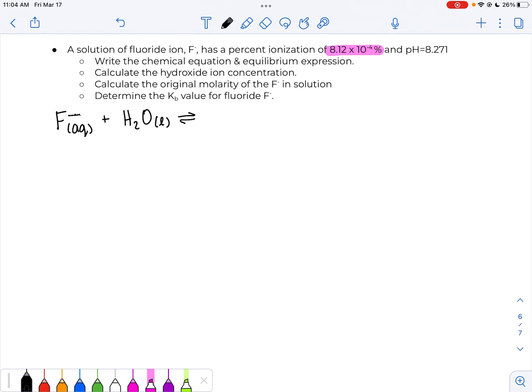This thing is forming an equilibrium system as it goes back into its conjugate acid and base. Fluoride here is a base. It can accept a hydrogen. So the water is acting like our acid, which will donate the hydrogen to the fluoride. When it does that, water is going to form OH minus, and we're going to form HF as our conjugate acid.